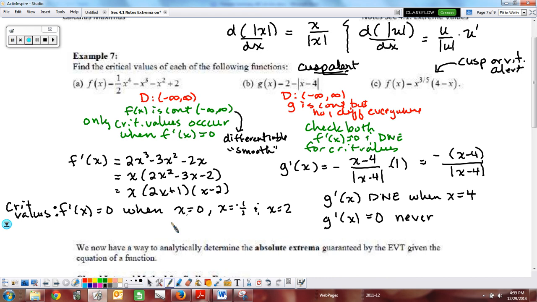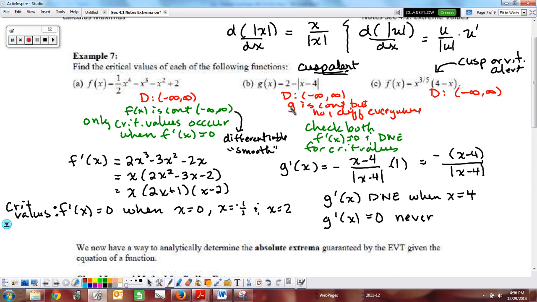All right, so let's talk about our domain, always something we should do first. Our domain here, these are odd roots, that's always defined, and times a linear, so our domain is everything, no problems there. Is it continuous? I believe so. We don't have any square root of x squared or anything that might cause us to have a piecewise, so it's continuous. We're not so sure about the smooth part.